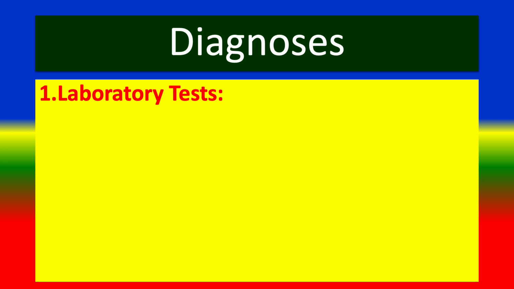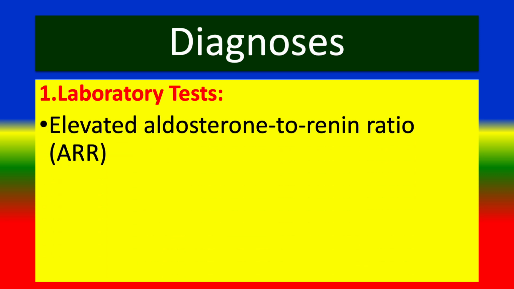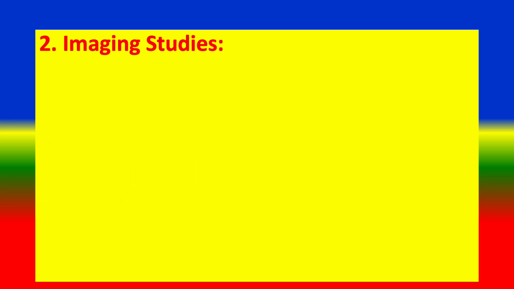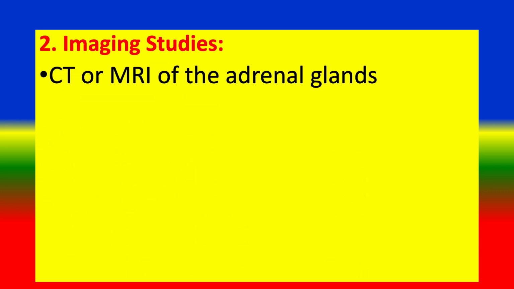Diagnosis. 1. Laboratory tests: elevated aldosterone to renin ratio, ARR, serum electrolytes, hypokalemia, metabolic alkalosis. 2. Imaging studies: CT or MRI of adrenal glands. 3.